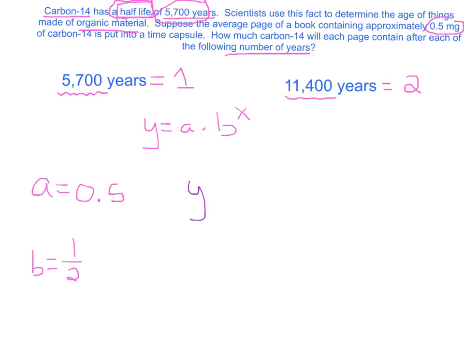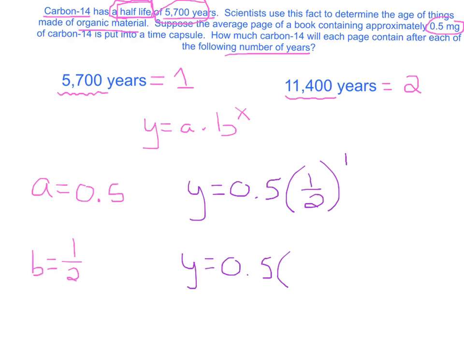So my equation, y equals 0.5 times 1/2 to the power of 1, and y equals 0.5 times 1/2 to the power of 2. So after 5,700 years, the carbon-14 is cut in half once, which would leave you with 0.25 milligrams.